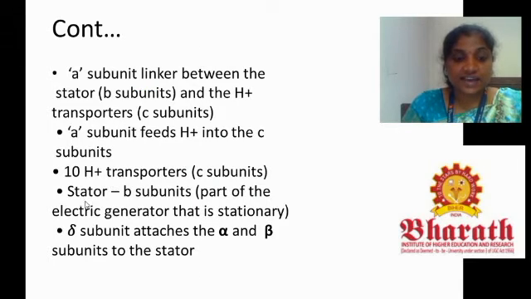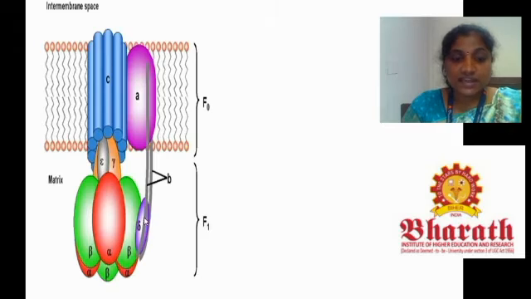And the stator, the B subunit, is a part of the electric generator that is stationary. And the delta subunit attaches the alpha and the beta subunits to the stator. So the delta subunit is the one which connects the alpha and beta subunits to the B, that is the stator.